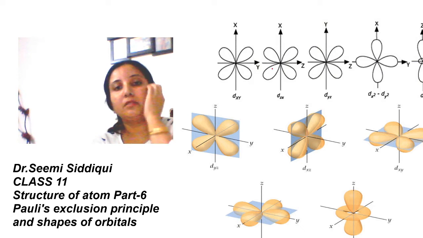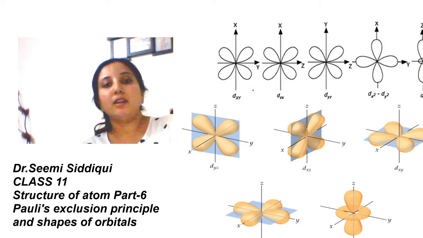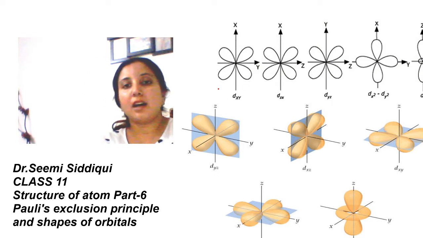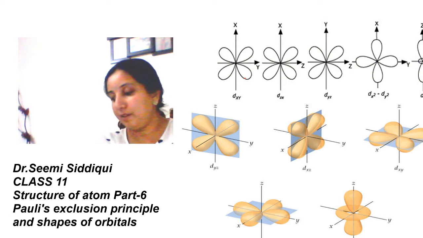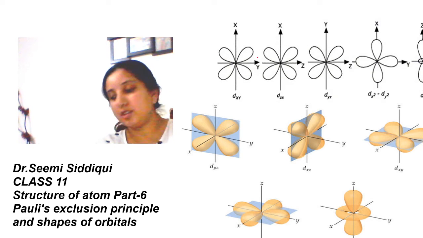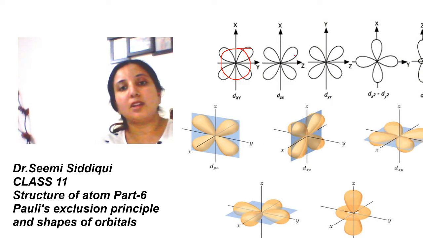Now look, I told you for your dxy, dyz and dzx that these are going to have four lobes. In this case, orientation is along the xy, in this case it is along the xz, and in this case it is along the yz.